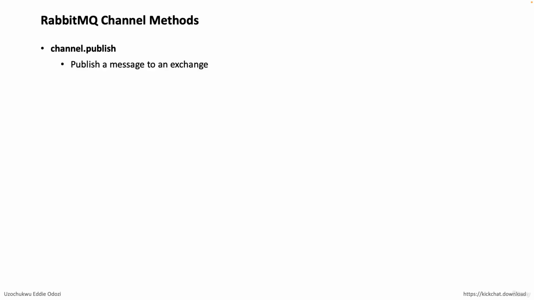So the first method is the channel.publish method. The publish method publishes a message or messages to an exchange. Remember that in RabbitMQ, the producer does not send messages directly to queues. In fact, the producer has no idea if the messages will be received by a queue or consumed by a consumer. All it does is send messages to an exchange.